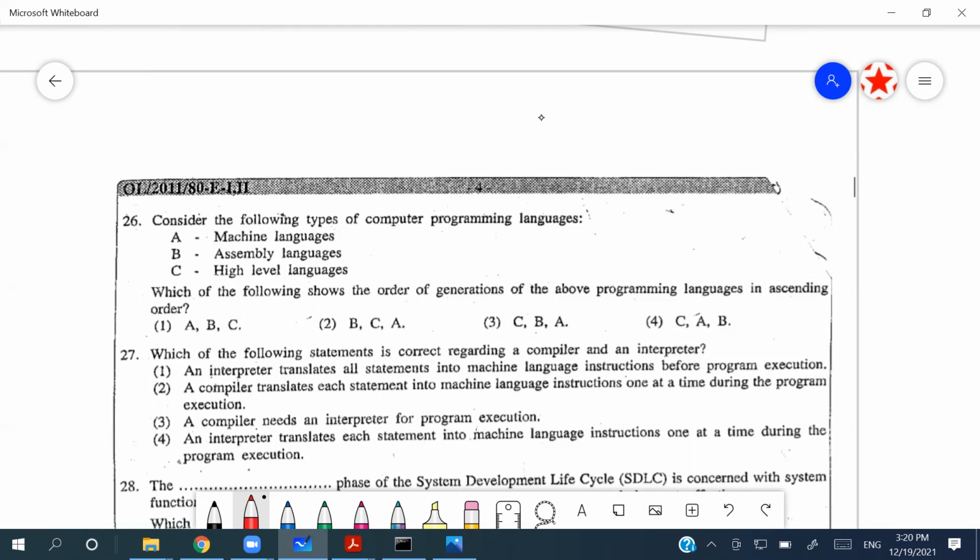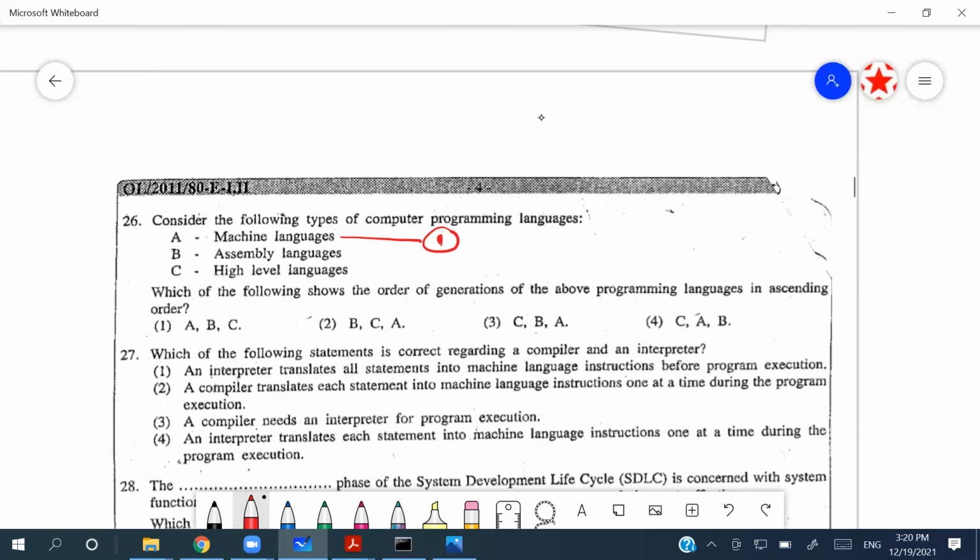Programmers had to feed the program in the form of ones and zeros. That's why they used the punch card system. It directly indicates what is 1 and what is 0, which we call machine language. This is considered the very first era of programming languages.